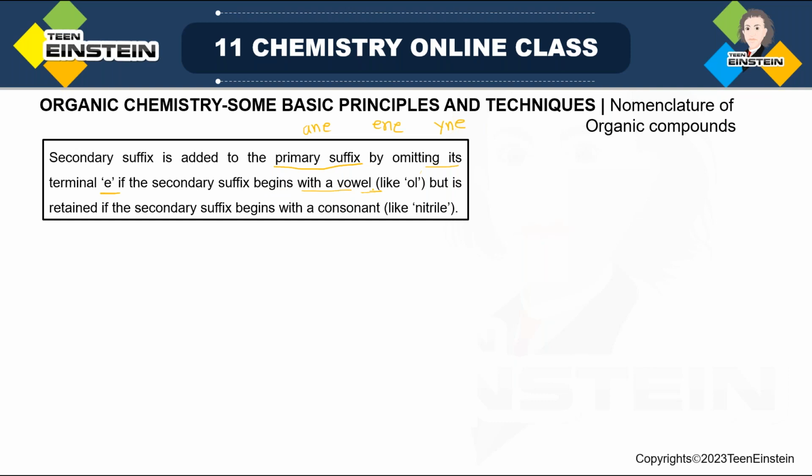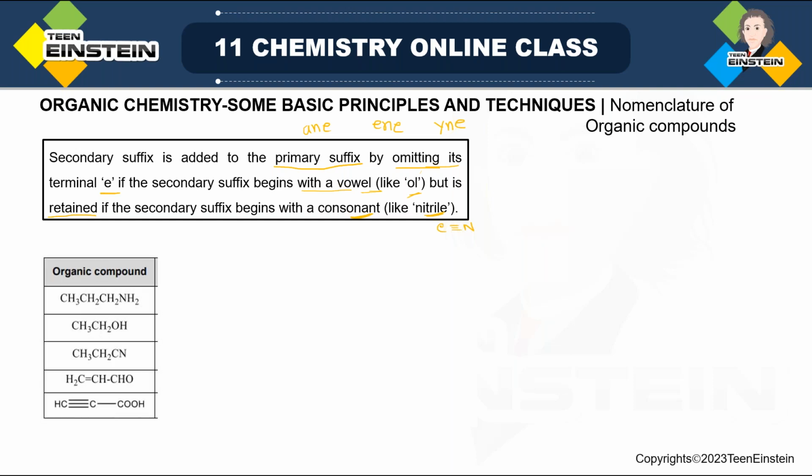Remember we have just seen when there is OH group, it is treated as "ol". So it is a vowel. So when it is a vowel, this terminal E is omitted, and when it is a consonant, just like nitrile, that is C triple bond N, this group, okay, when it is consonant, it will be retained. But when it is a vowel, you have to omit it. This is the difference. So here are some examples if we see.